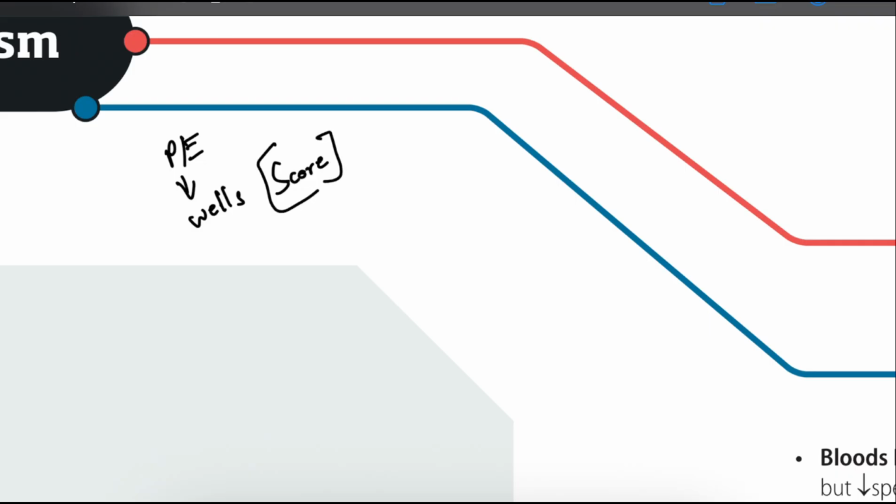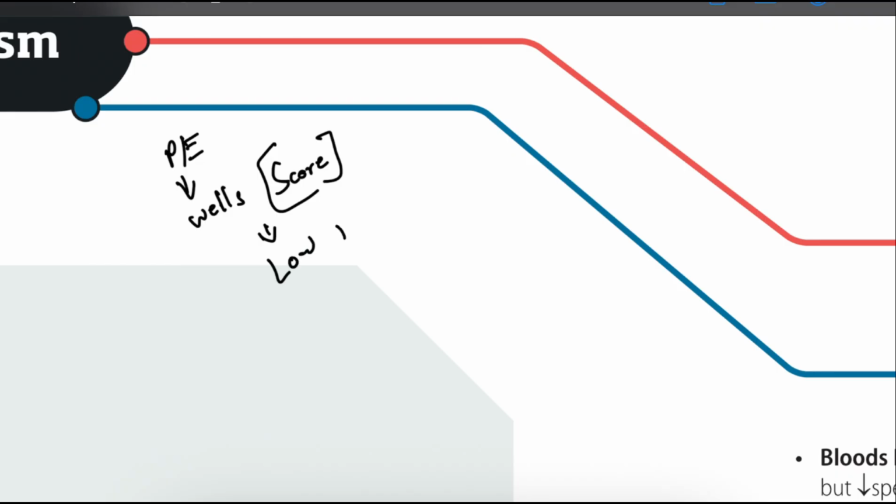The Wells score will help to know the probability. Okay, if it's low probability, then the D-dimer test we have to do. If the D-dimer test is positive, then we have to go with CT pulmonary angiography. Then at last we confirm the pulmonary embolism. Okay, so this is the thing.